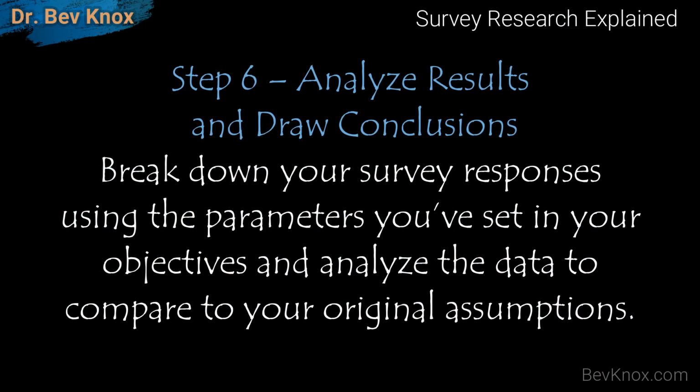And lastly, step number 6, analyze results and draw conclusions. Once you've got your results back, it's time for the fun part. Break down your survey responses using the parameters you've set up for your objectives and analyze the data to compare to your original assumptions. At this stage, a research tool or software can make the analysis a lot easier.